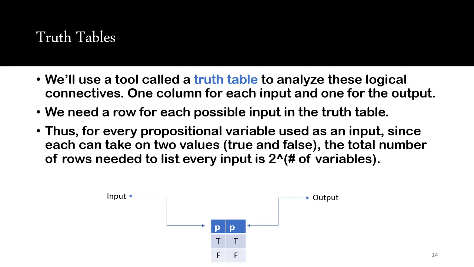If there are 3 variables, there would be 4 truths, 4 falses for the first variable, 2 truths, 2 falses, 2 truths and 2 falses for the next variable, and then true, false, true, false, true, false, true, false for the final variable. That's how we typically fill it out. It's like counting backwards in binary, if you're familiar.